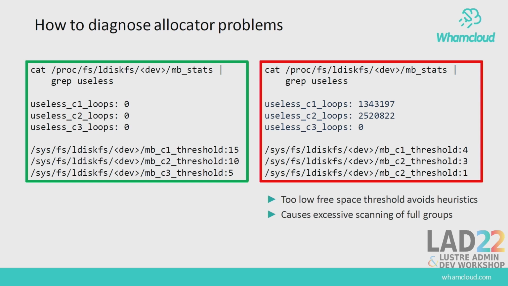And so what happened was, the allocator is spending a lot of time looking for free space with criteria that can't be matched by the file system. And so, you see these 1 million, 2 million counts of useless loops. And so, those thresholds have to be adjusted higher so that it's spending its time effectively finding free space.